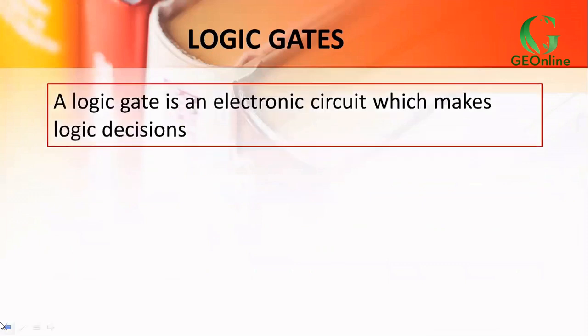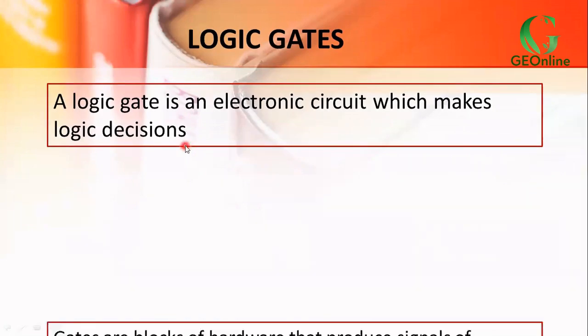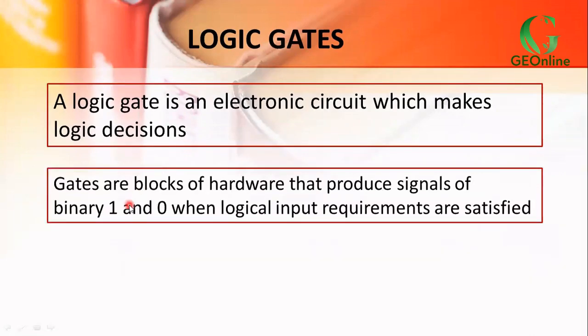Now coming to logic gates. A logic gate is an electronic circuit which makes logic decisions. So gates are blocks of hardware that produce signals of binary 1 and 0 when logical input requests are satisfied.